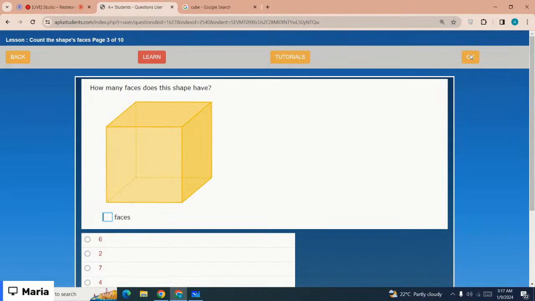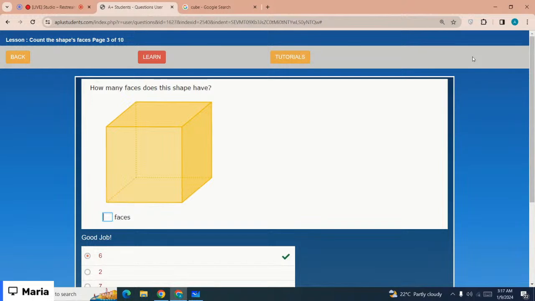Yes, that is a cube. So cubes must have six faces. The correct option is six.